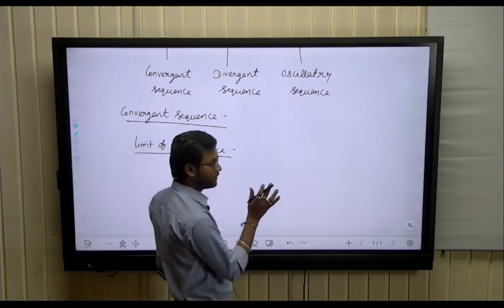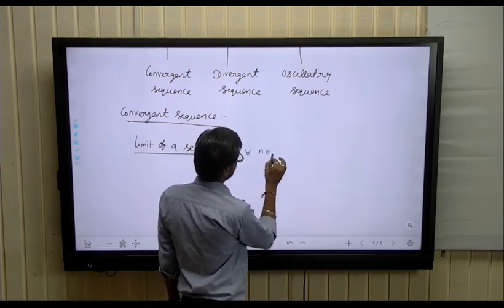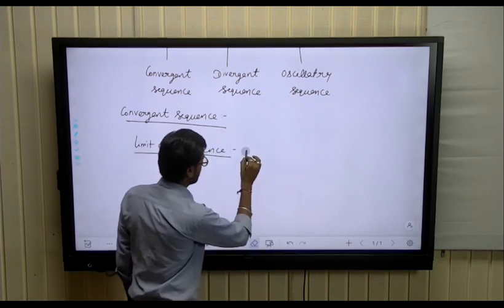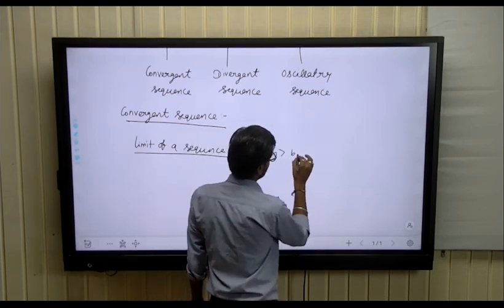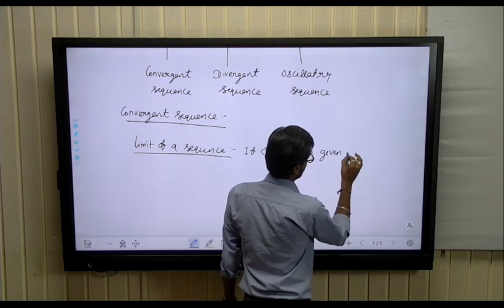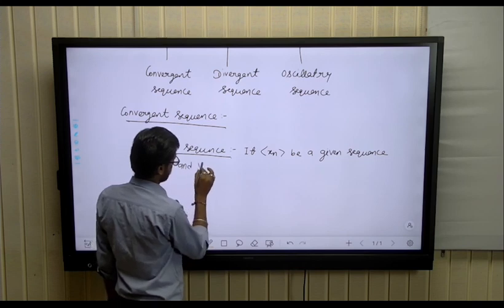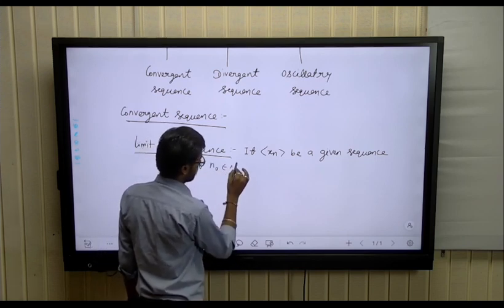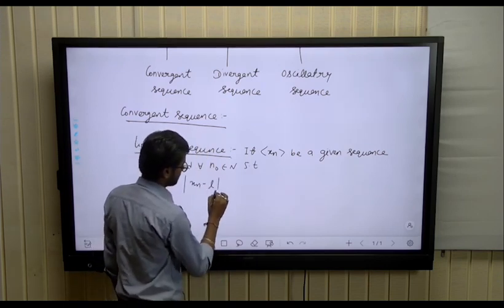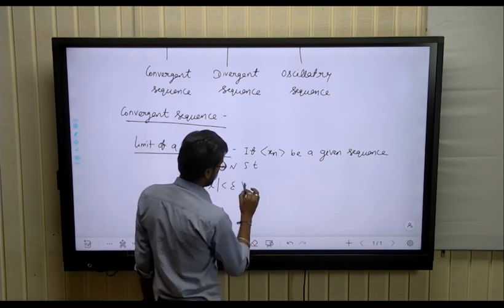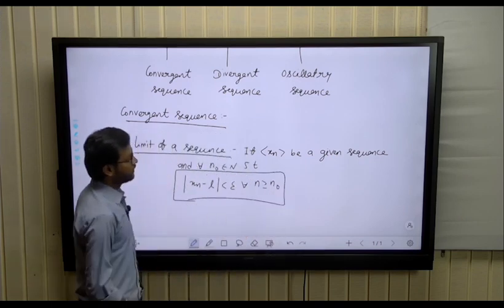The definition is: for all n belongs to N, if xn is a given sequence, and there exists n naught belonging to N such that mod xn minus L is less than epsilon for all n greater than or equal to n naught. This is the mathematical definition of the limit of a sequence.